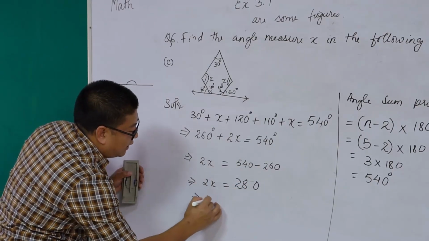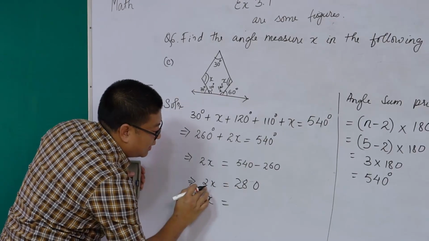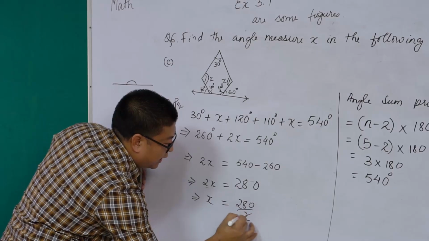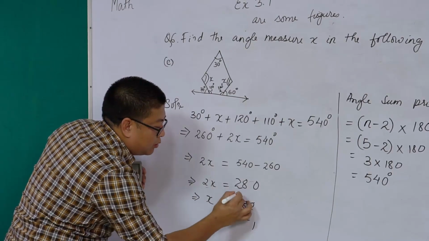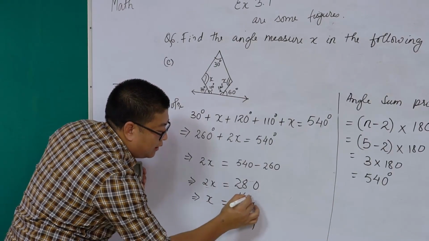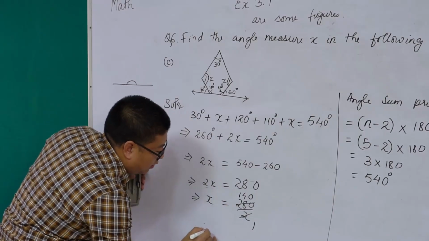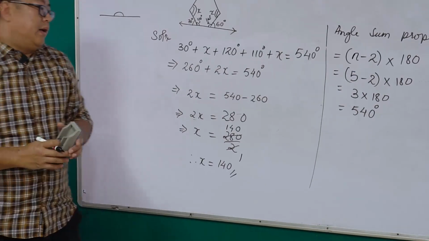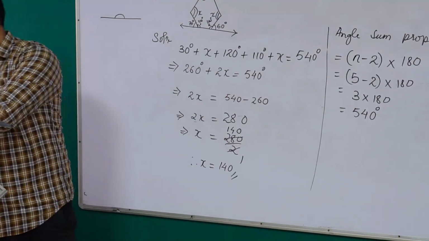Now finally, 2 is multiplied with x, when it goes to the other side, it will become divide. So 280 divided by 2, we get x is 140. I hope this is clear. This is how we find the value of x.